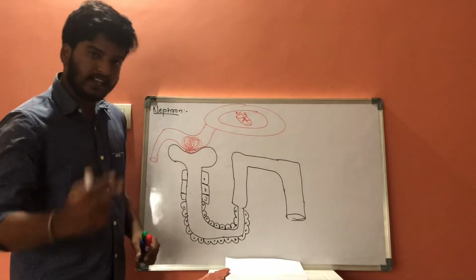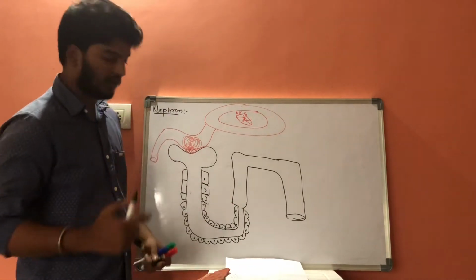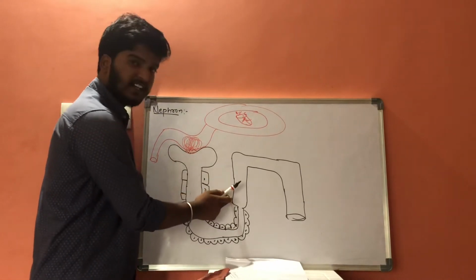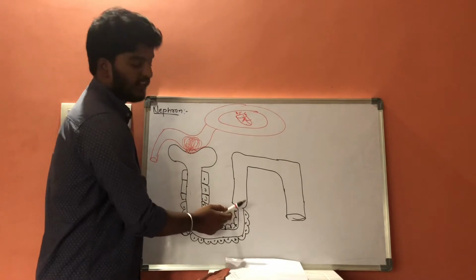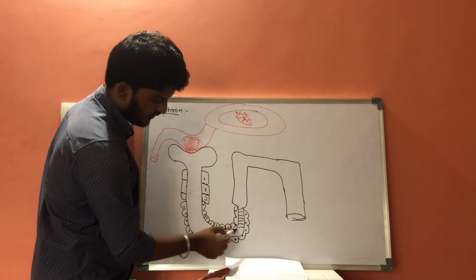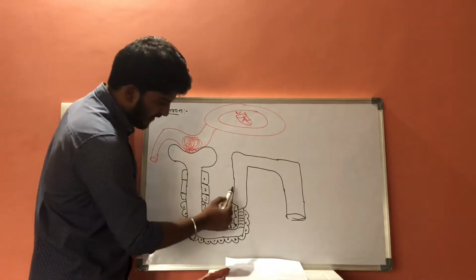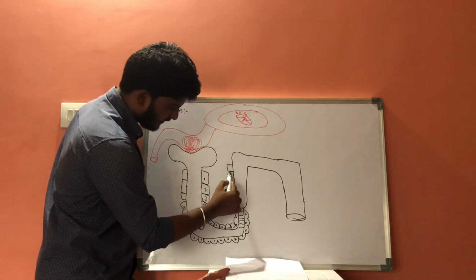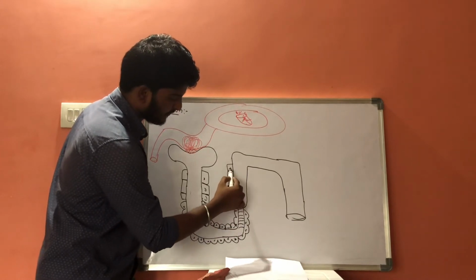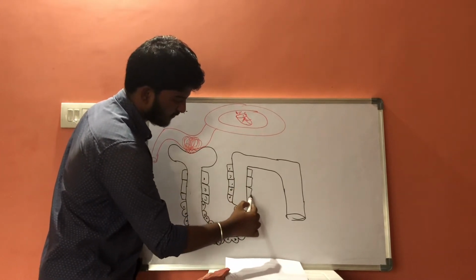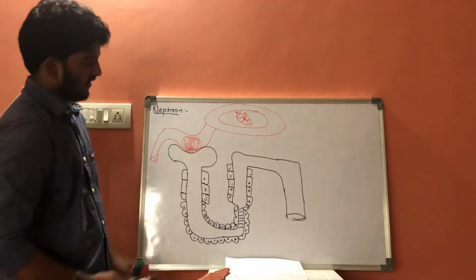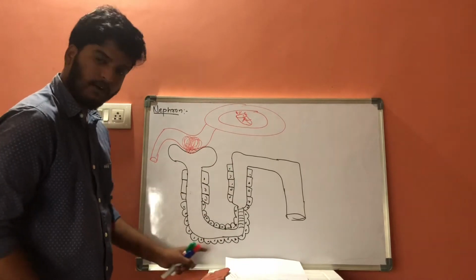The ascending loop of Henle is divided into two regions: this is the thin ascending loop of Henle, whereas this is the thick ascending loop of Henle. It also consists of a specialized kind of epithelium. This is the loop of Henle.